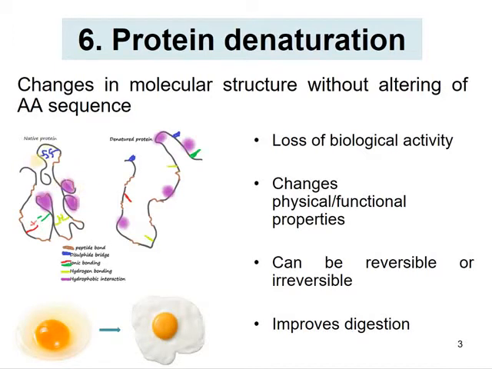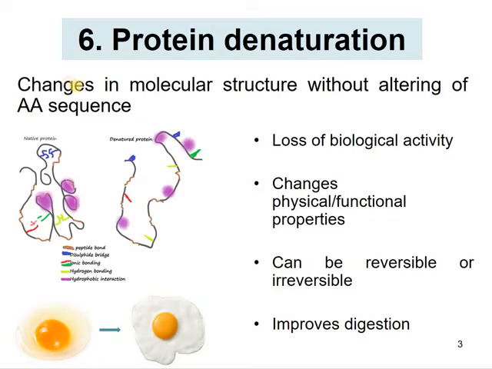However, the primary bond, which is the peptide bond, is not disrupted. So the chemistry way of defining protein denaturation is that it is the changes in molecular structure of a protein without altering the amino acid sequence. So it means that the one and only level that is not affected is the primary structure.